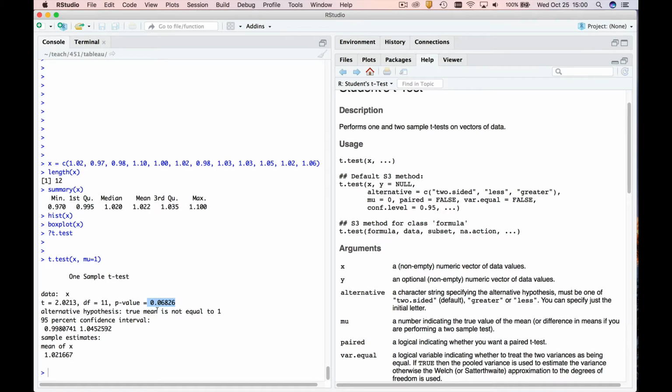So we can't quite reject the null hypothesis, but we're very close. Can't reject the null hypothesis that the real mean is 1. That, by the way, is reflected in the fact that 1 is contained in this confidence interval. So for that reason, we think the machine is probably putting the right amount of bread in each bag. We don't have evidence to say otherwise.